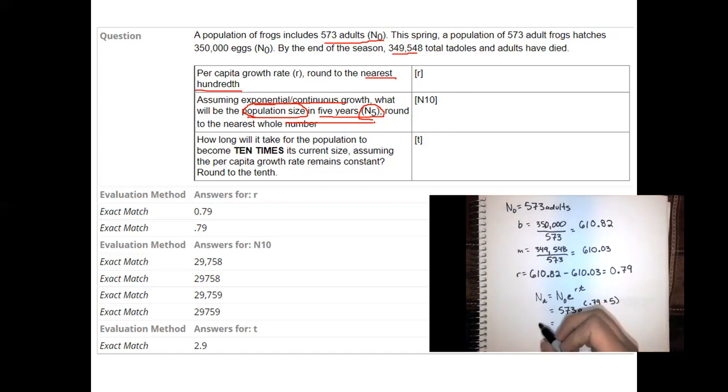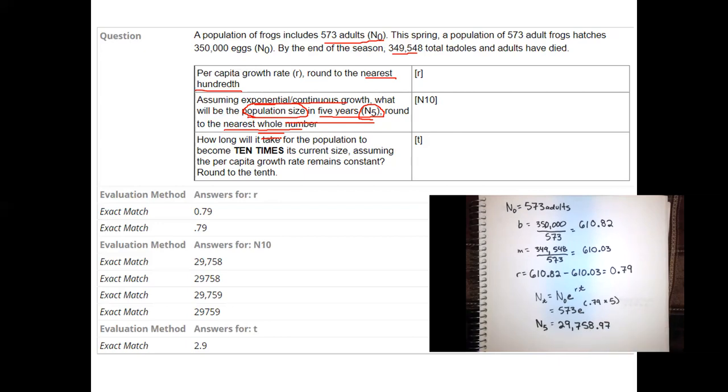So the size of the population in 5 years, assuming that this growth rate stays the same and there's no limits, it's exponential growth, not logistic. The total population size is 29,758.97. I, of course, tell you to round to the nearest whole number, and that's going to be important because you can't have 0.97 of a frog. So technically, this would round up to 59.